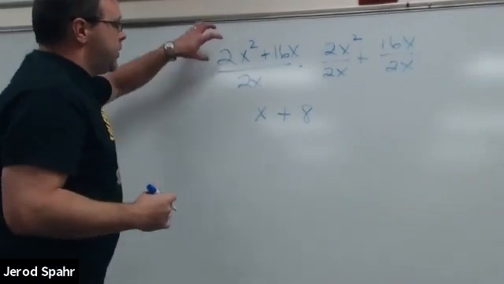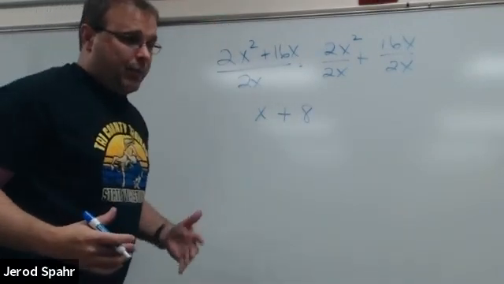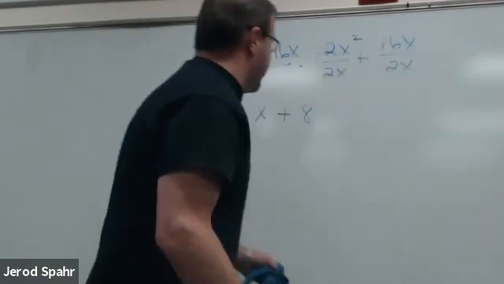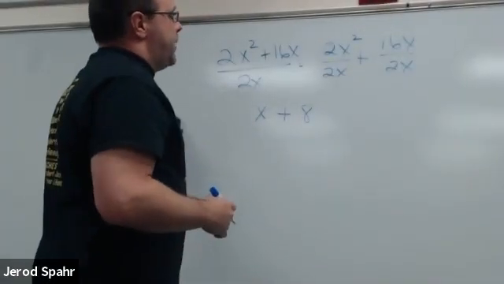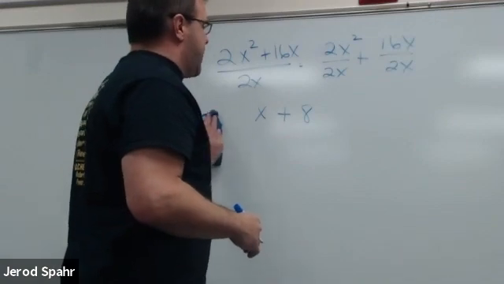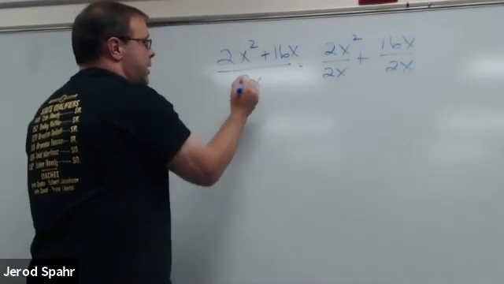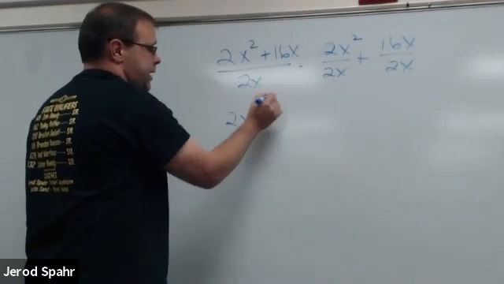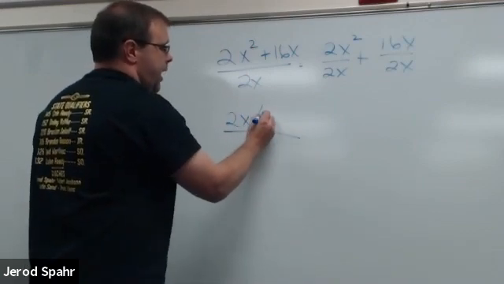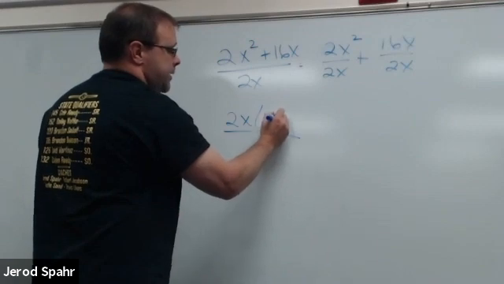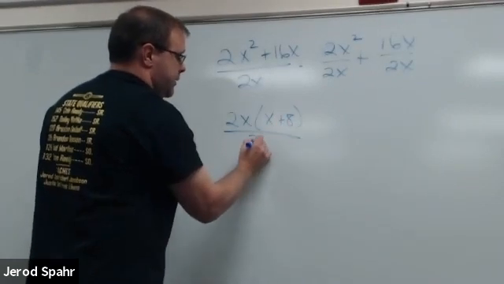Another way we can look at this, and this is the way I would recommend, the way I like working them a little bit better. We can't simplify quite as far, but I look at it and say, I can factor out what's in common with both of these. Oh, 2x. That just happens to be my denominator. Then I have this group of x plus 8 over 2x.